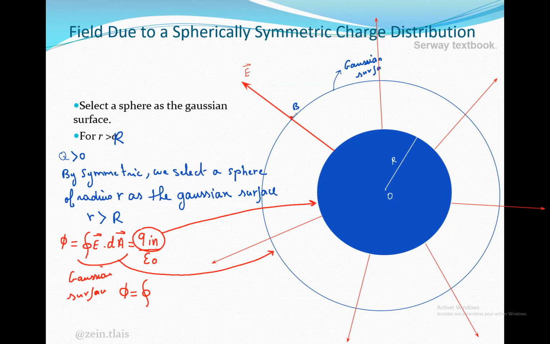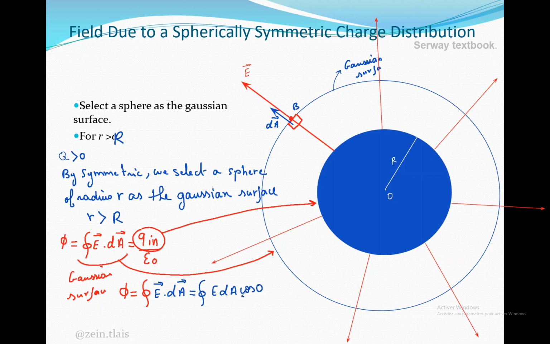I am calculating at the point B. Here we can take a small element at this point. dA, as a vector, must be perpendicular to the small element, and it has the same direction as E. So E dot dA equals integral E dA cosine 0.